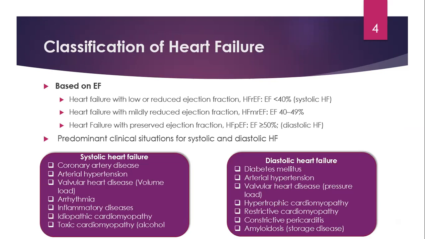Because the 2021 and even the recent one that was released take the cutoff for heart failure with reduced ejection fraction as less than or equal to 40. Then mildly reduced is 41 to 49, and preserved ejection fraction is greater than or equal to 50. Yes, sir, I get what you're saying.